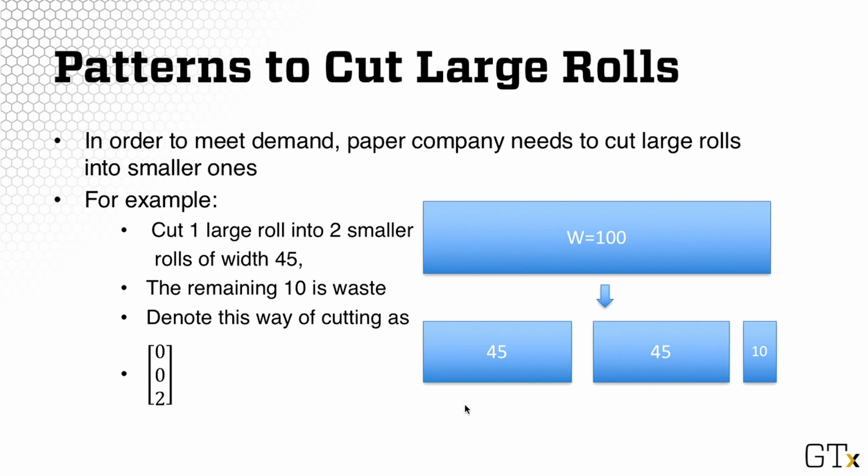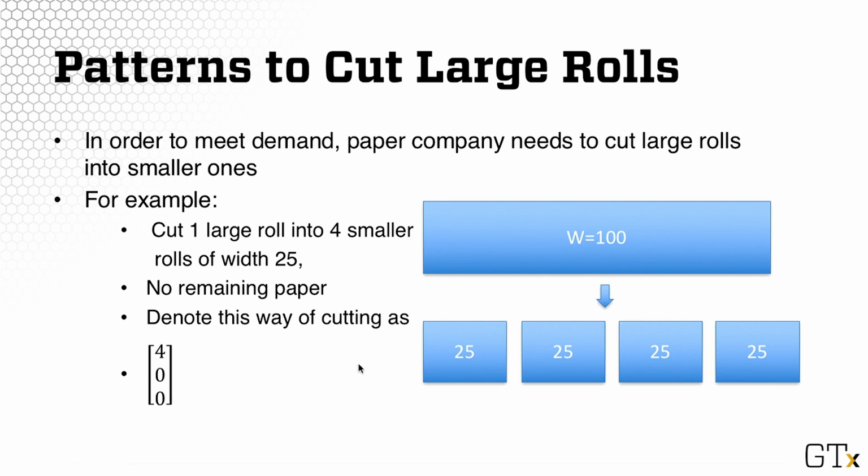So this pattern corresponds to this column here. Again, everything is about cutting one big roll to satisfy demand, and the column shows how many copies of the different demands among the 3 are satisfied. For example, in this one, I cut one big roll into 4 copies of the 25 width demand, so I satisfied 4 copies of the first type of demand and 0 of the others.